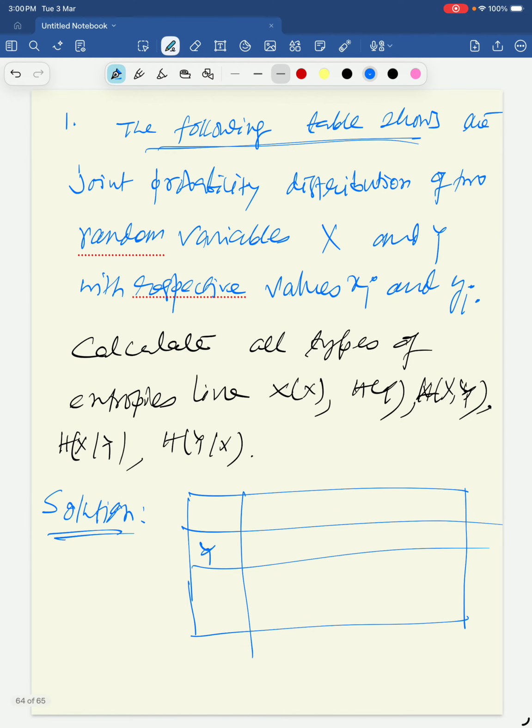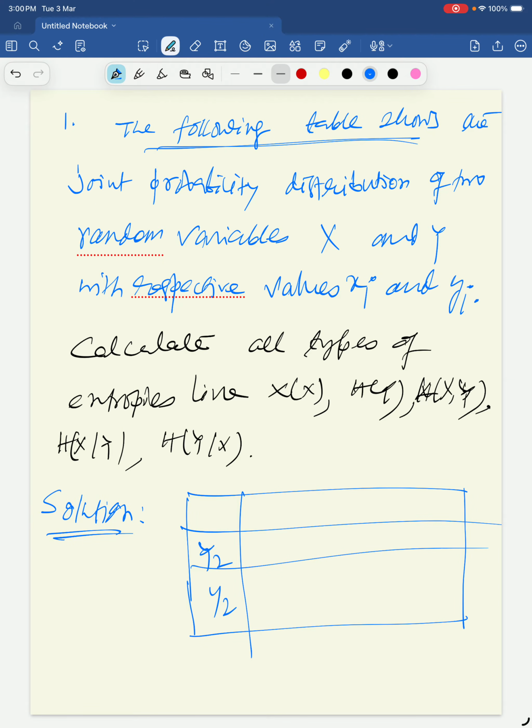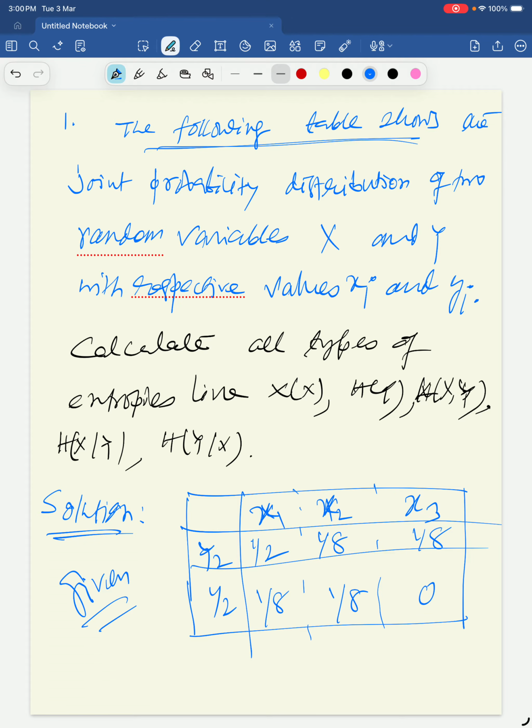This is y1, y2, x1, x2, x3. The corresponding probabilities: this is half, this is 1/8, this is 1/8, this is 1/8, 1/8, and this is 0. This is given. Now we'll go for the solution.